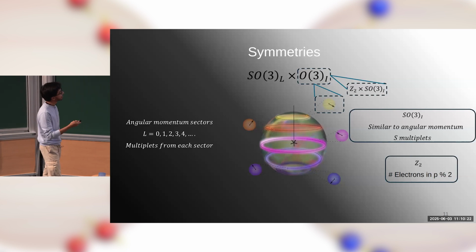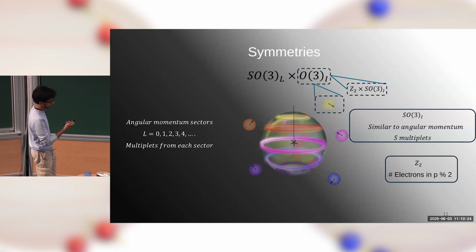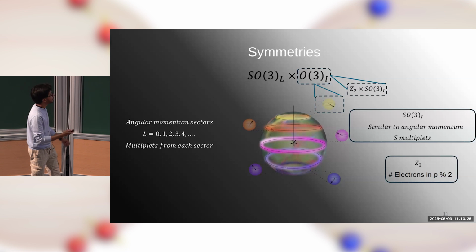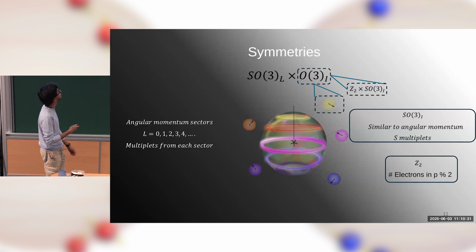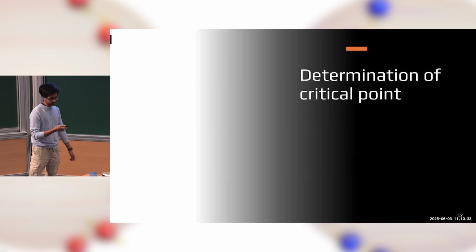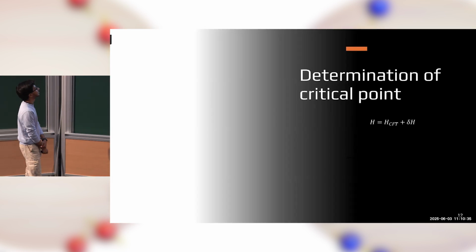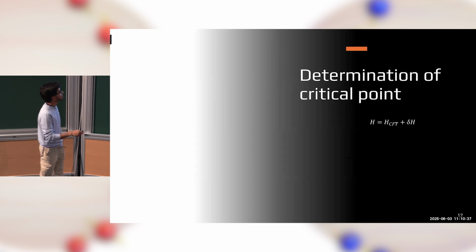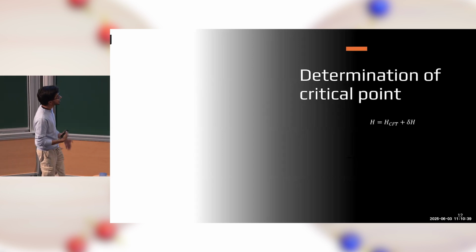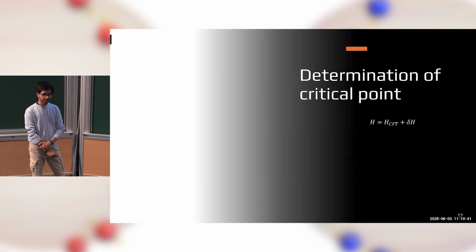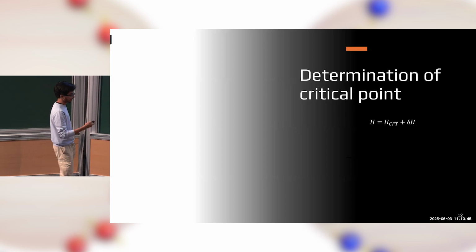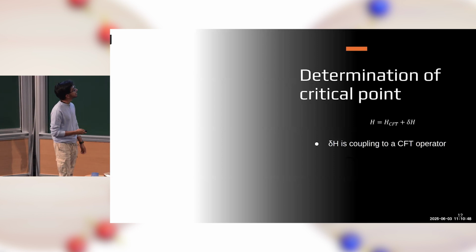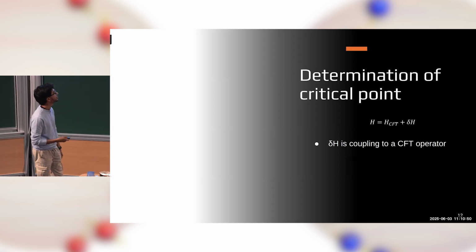It's still running. Once we have set it up, we try to determine the critical point, and then we use the formalism of conformal perturbation theory as described yesterday. Near the critical point, you are describing your system as some perturbation over the CFT, and this perturbation has to be some coupling with a CFT operator and symmetry constraints.